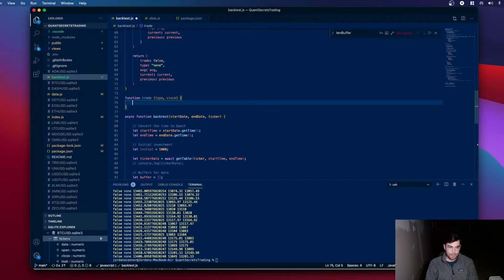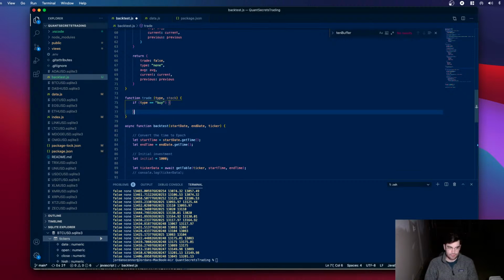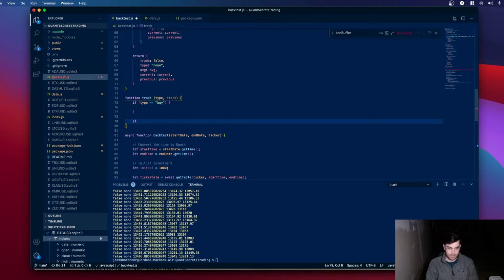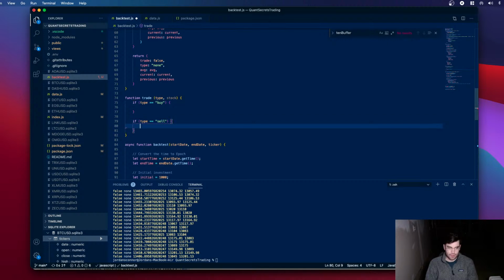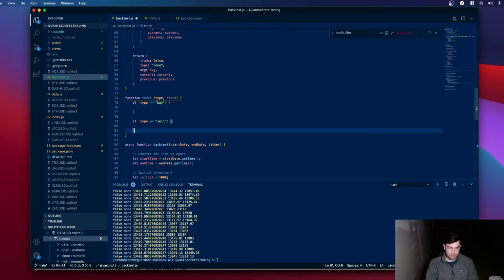All right, so if type equals buy, do something. If type equals sell, do something else. So for buy, I'm gonna need the price as well.